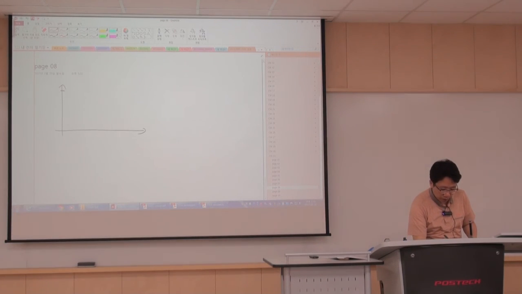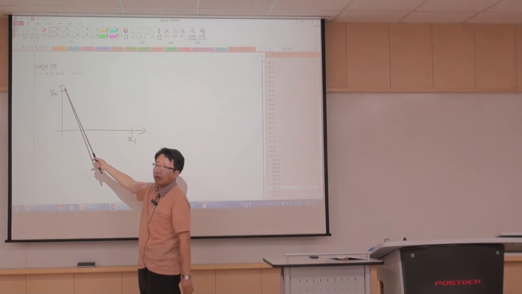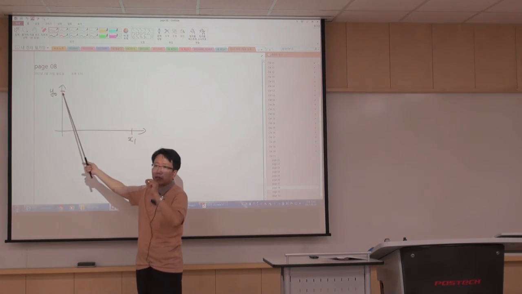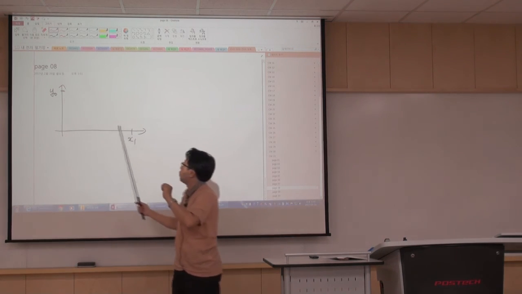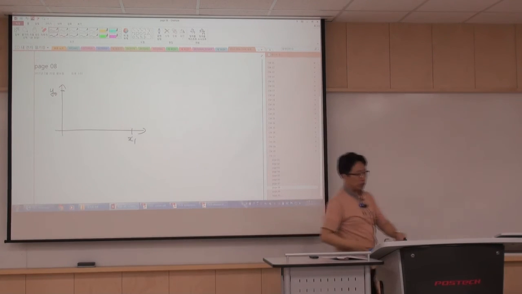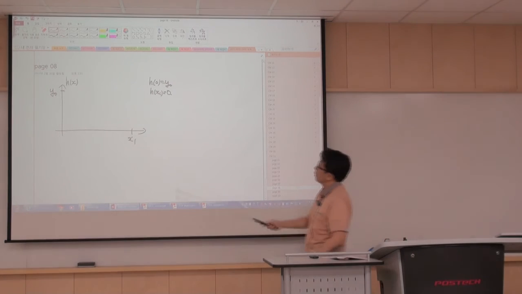So here, the height is, let me use y0, and this length is x1. Now, you want to build a slope so that a frictionless bead moves on that slope and reaches this point in the minimum time. What is your intuition? So here, you want to find some function that satisfies these two conditions, right?